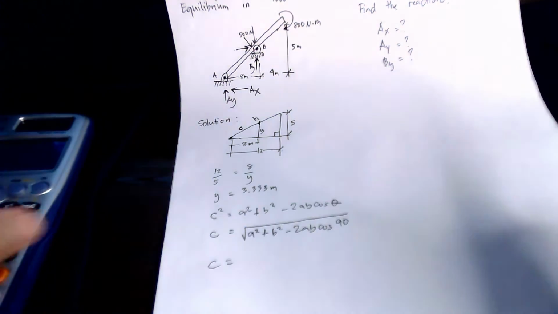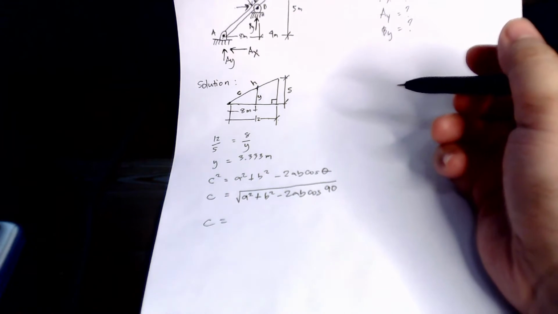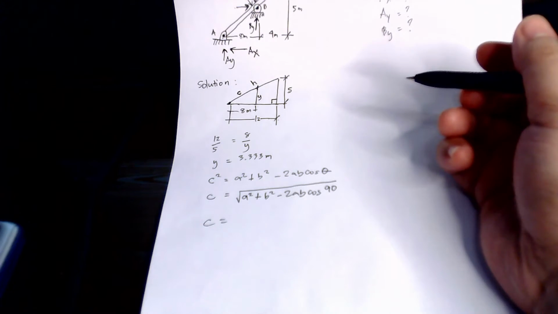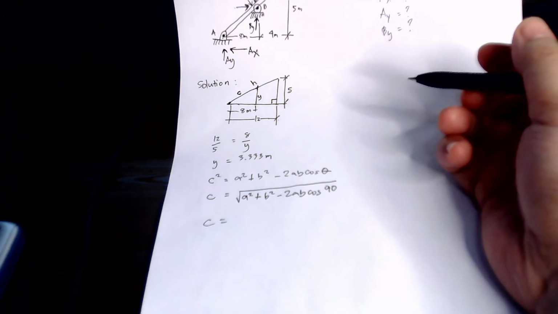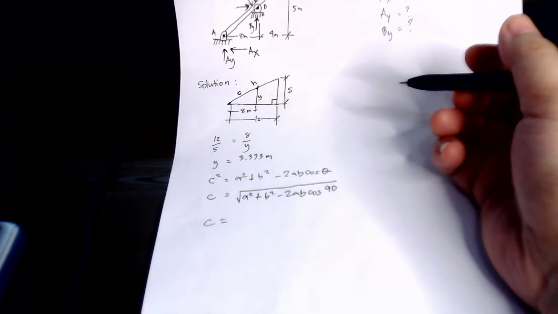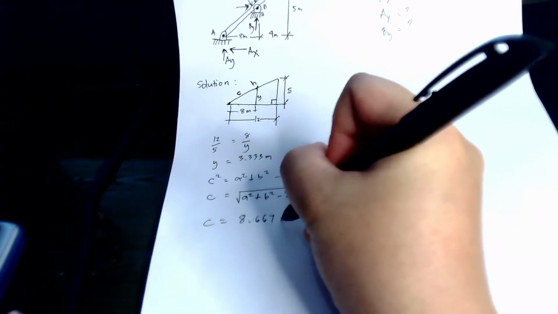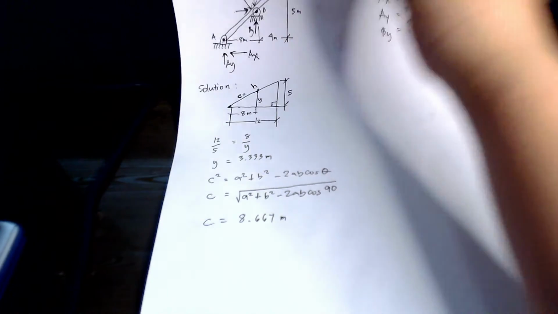So C is the square root of 8 squared plus 3.333 squared minus 2 times 8 times cosine 90. C is equal to 8.667 meters.